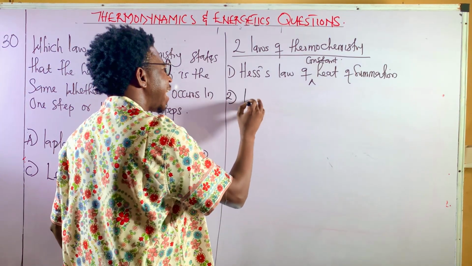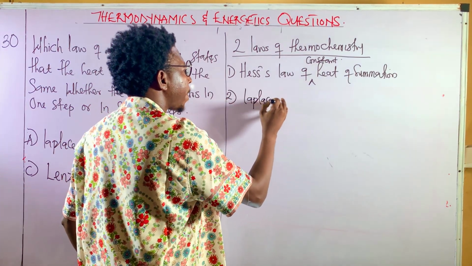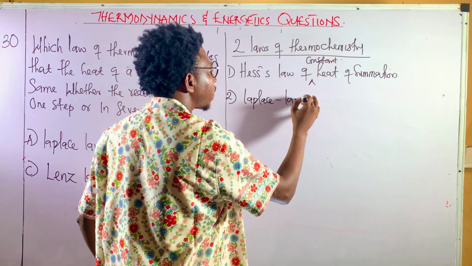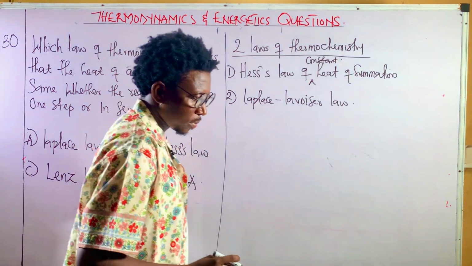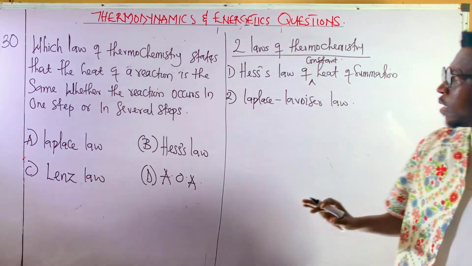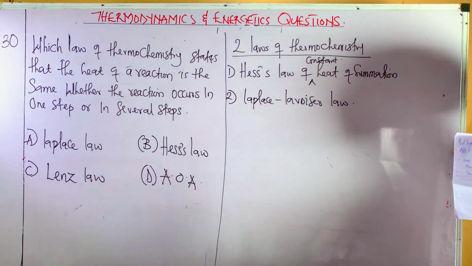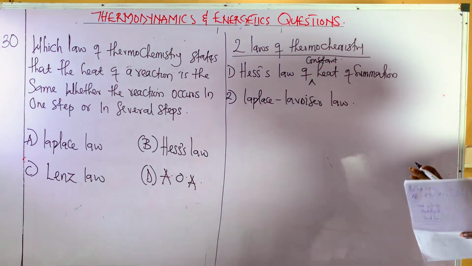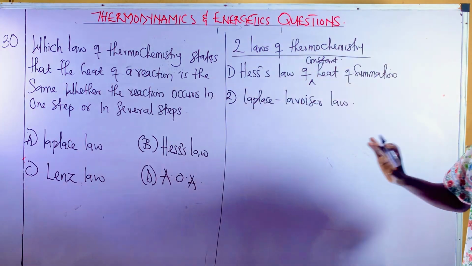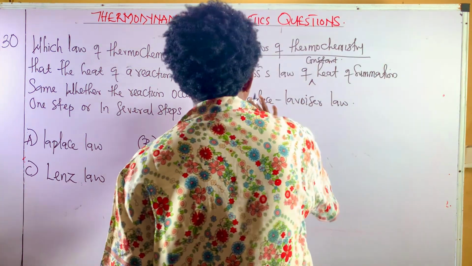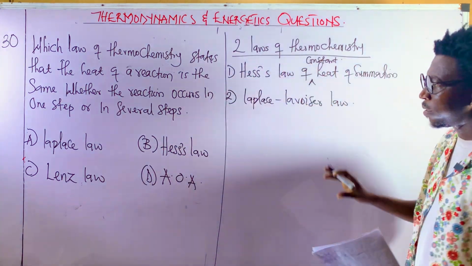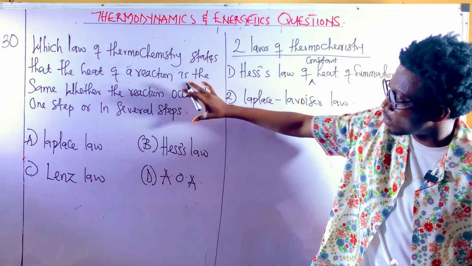Number two, we have the Laplace and Lavoisier law. So these are the two laws of thermochemistry, different from the laws of thermodynamics. However, we are going to look at the first one because that's what is on the board here.